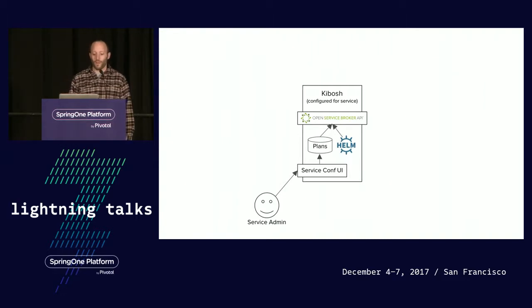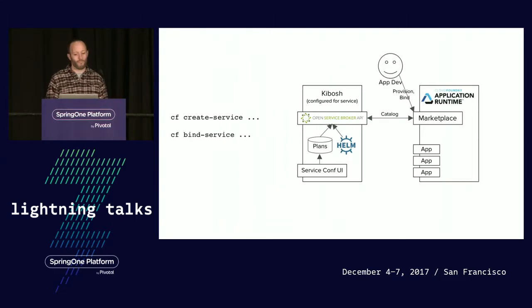We want to provide a service configuration interface, perhaps automatically generated from the Helm chart, to configure plans from the variables in the Helm chart configuration. The application developers should not really notice that these things are running in Kubernetes instead of as a BOSH deployment. They'll just have the typical cf create-service and cf bind-service interface to their services.